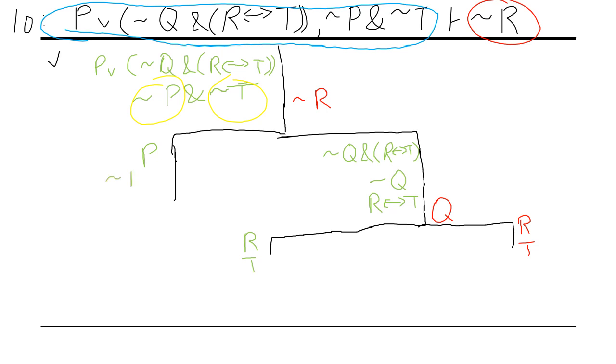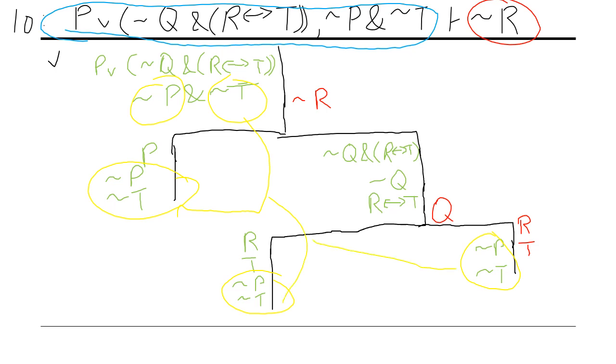I got to put the not P here, not T here, not P here, not T here, not P, not T. Just to show you again, same things happening because I'm breaking this down in all of the branches down below. All the branches down below have to have them broken up in them if it occurs above them. So broke that one down.